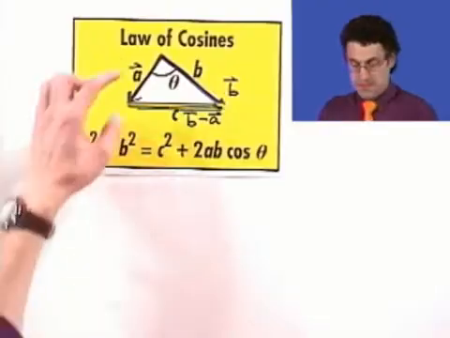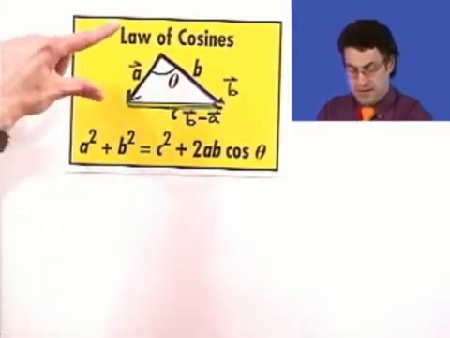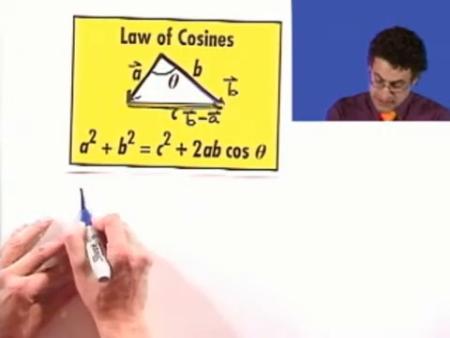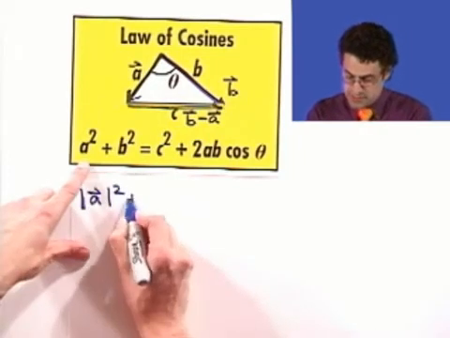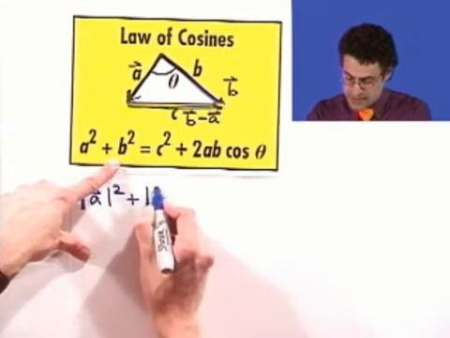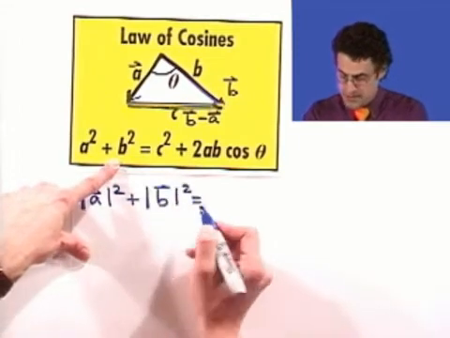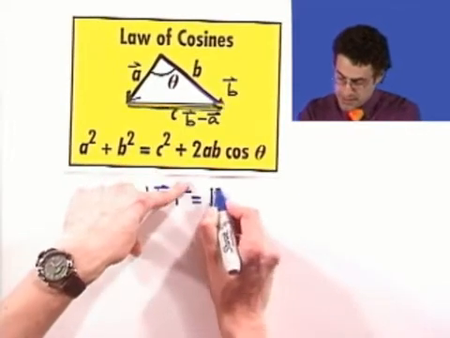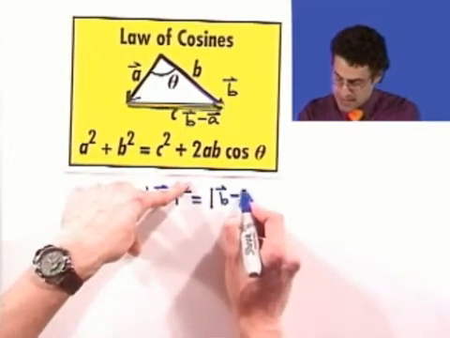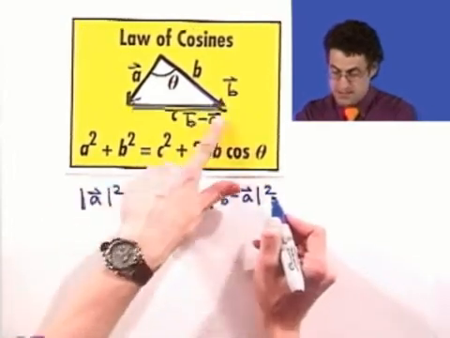Okay, let's insert everything that we have here and see what this gives us. All right, this now is the length of the vector A squared. That's this piece. Plus the length of the vector B squared equals the length of the vector B minus A squared, because that's what C is.